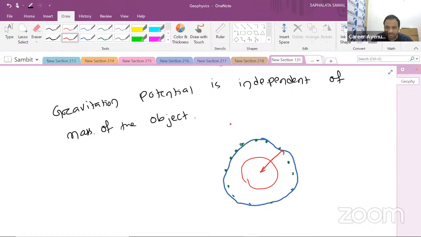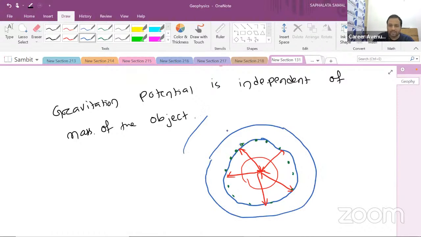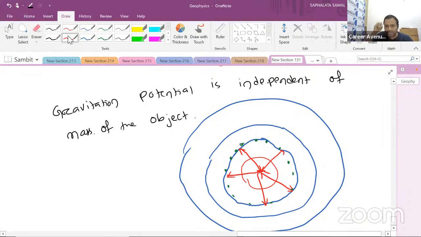Pardon my picture, but imagine the distances are the same. That means they will have equal potential irrespective of their masses. Similarly, I can draw an infinite number of circles around the Earth. Clear now? These are called the equipotential surfaces.